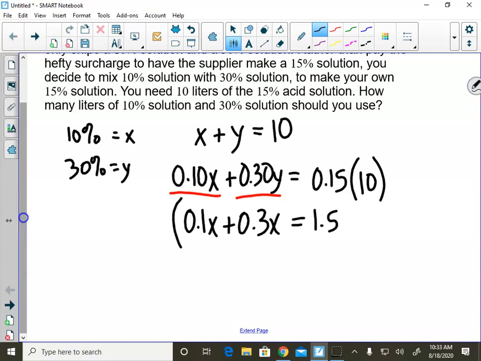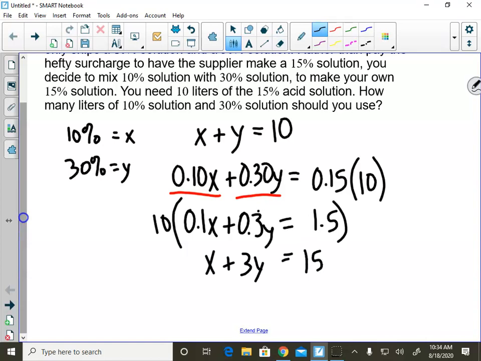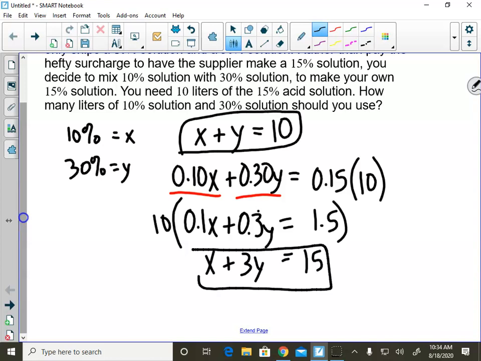We would do that technically by showing we're multiplying by 10. Not that we necessarily have to show this at this point, but X plus 3Y, sorry, that should be a Y there, is equal to 15.